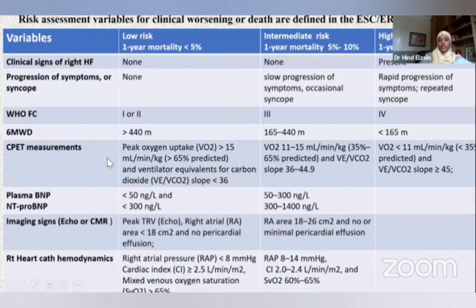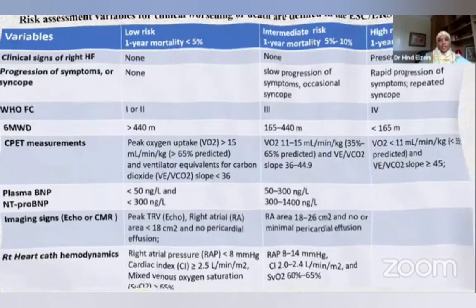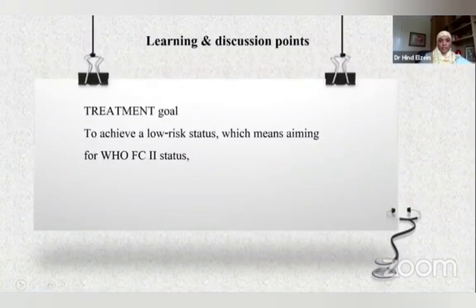Also, the variables include the cardiopulmonary exercise measurement, and the plasma BNP and pro-BNP measurement as well. And we have the echo parameters, the probability of pulmonary hypertension in echo, or also imaging evidence from cardiac MR. And also the parameters include the right heart cath hemodynamic measurement. So this is according to the European guidelines.